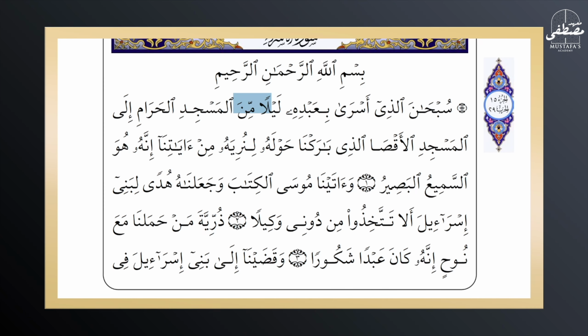If you come back to the Quran again, you will notice that ila means to. Ila al-Masjid al-Aqsa. So what does this mean?